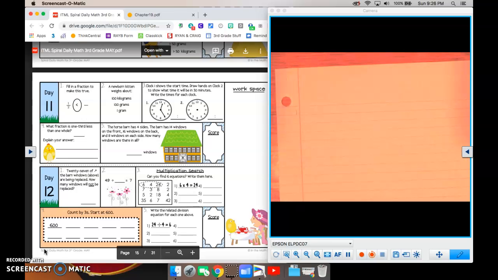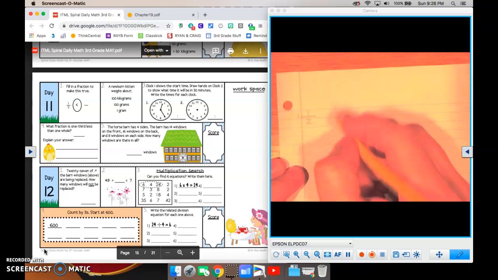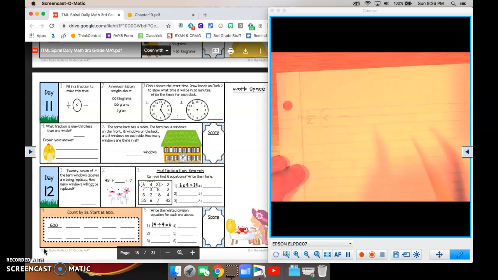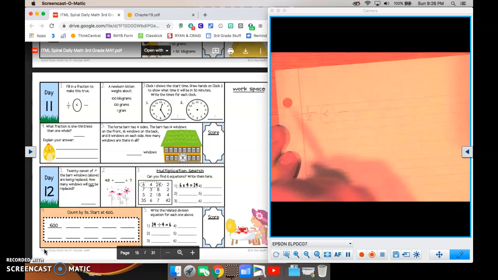Here we go. It says, fill in a fraction to make this true. So we have 1/2, and it says is less than something. Well, what is a half less than? Well, it's less than a whole, right? Anything over the half point.